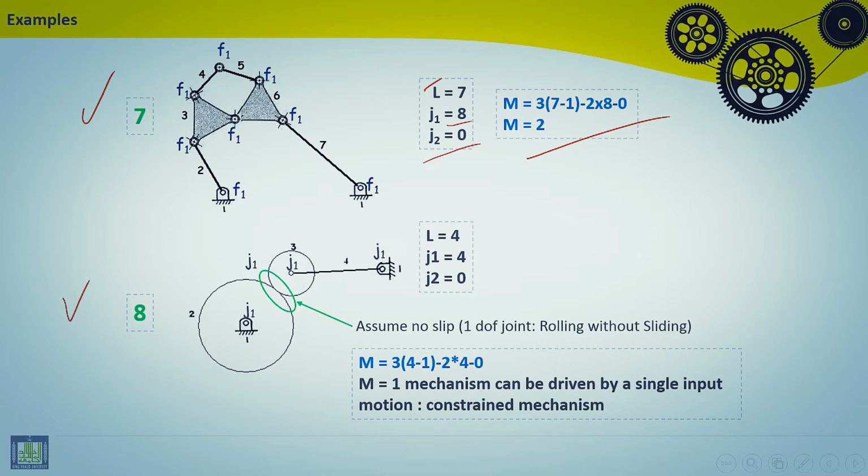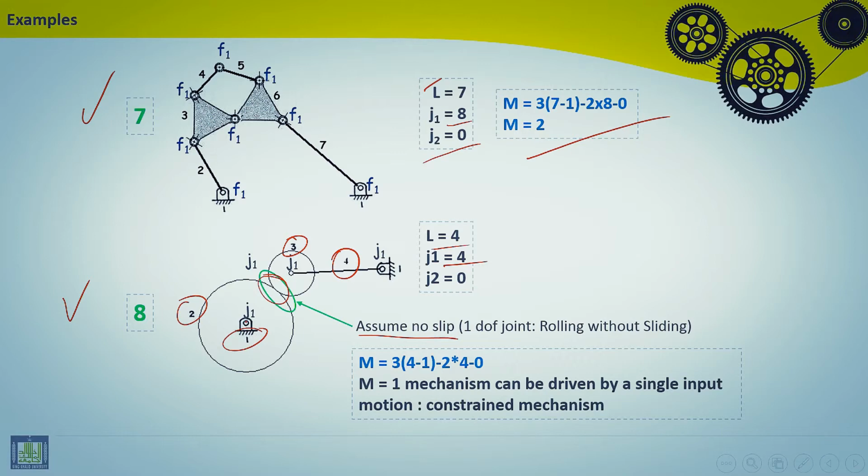Number 8, we have to assume here no slipping in this region. So number of links is equal to 4, include the ground, 1, 2, 3, and 4. Lower pair joints, we have 4.